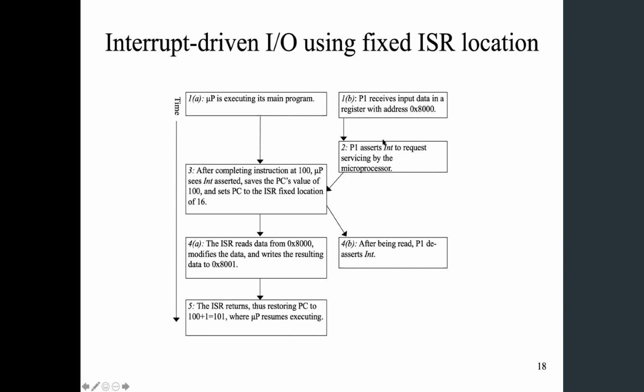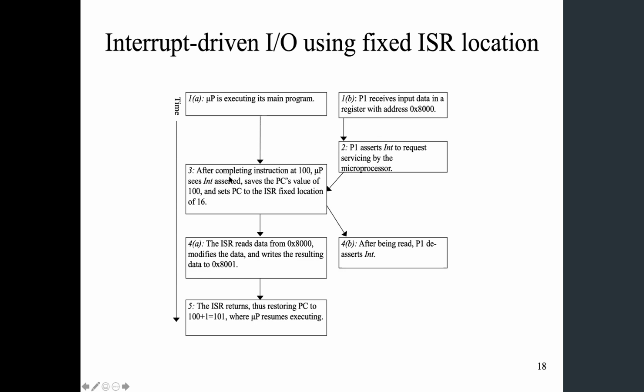And because of receiving this data, P1 will assert this interrupt signal to notify the microprocessor that you have to stop whatever you're doing and get this data out of this peripheral because it's important.